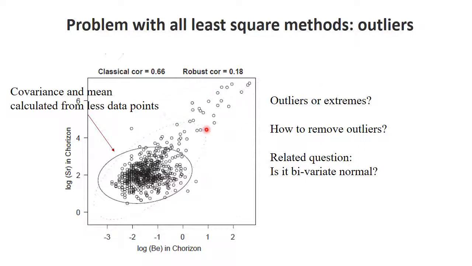If we take these values and remove them from the analysis, then suddenly my population changes, and the correlation coefficient drops substantially. So the question is essentially, should we remove those from analysis? If we assume the background population is a bivariate normal distribution, which would we call outliers and which would we call samples of the population? And so that's the question.